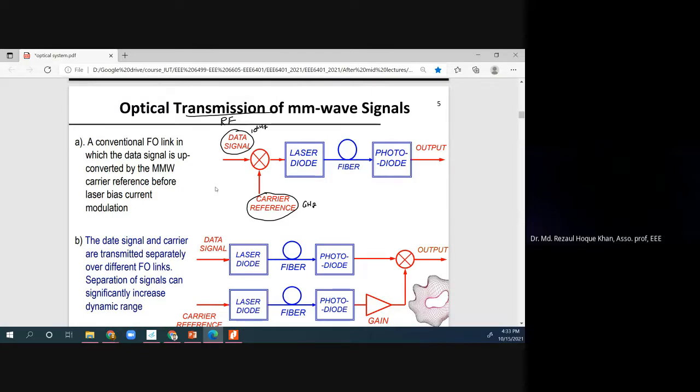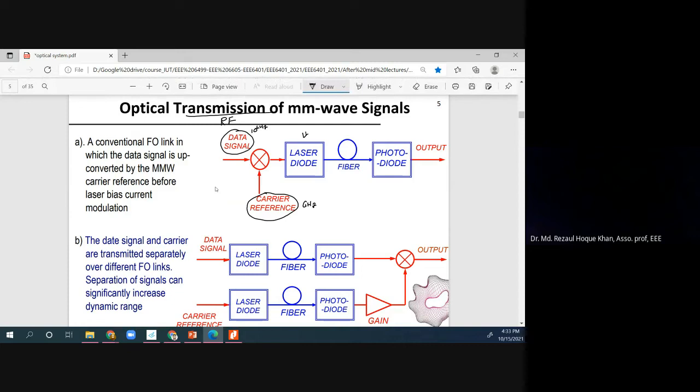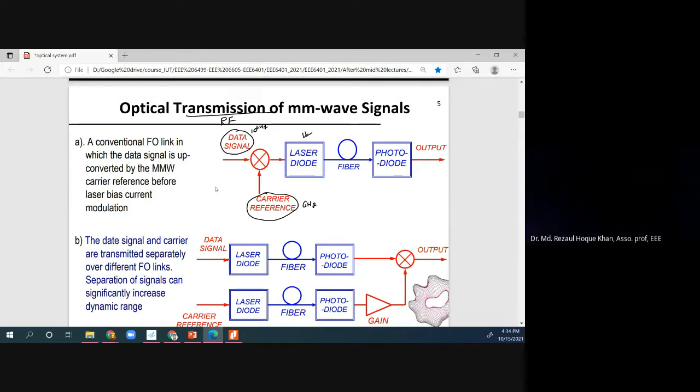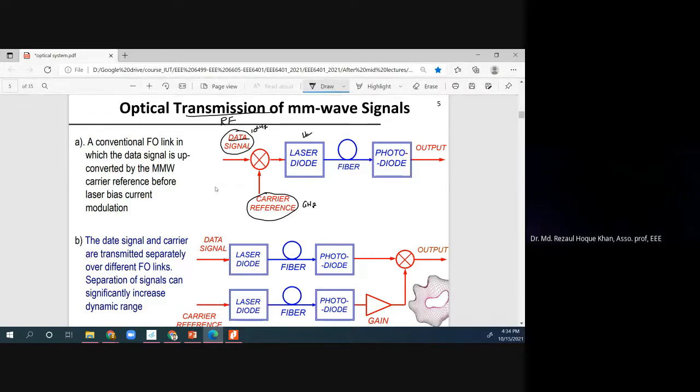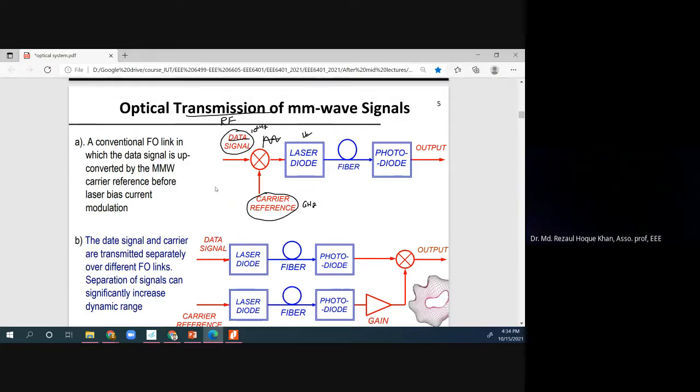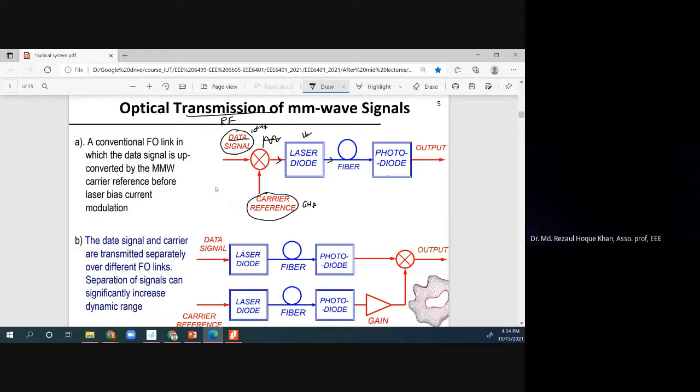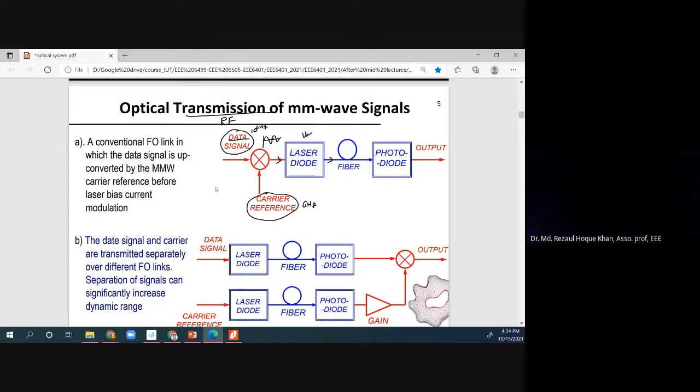That signal will go to the laser. So if that signal goes to a laser, is it a DC signal? Probably not, because a data signal is nothing but a fluctuating system, a 0 1 combination, so it's actually an AC signal. In the diode, usually what is the diode input? A constant current. Whenever you give a constant current, you get a constant light as an output. We have seen it in the diode mechanism.